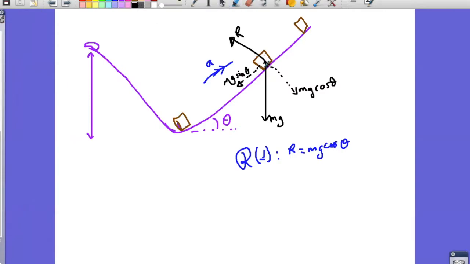I did not include the frictional force. The frictional force here, F, or Fk if you wish, you know that F is equal to mu R. So that's mu mg cos theta.